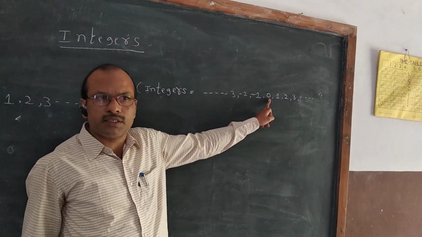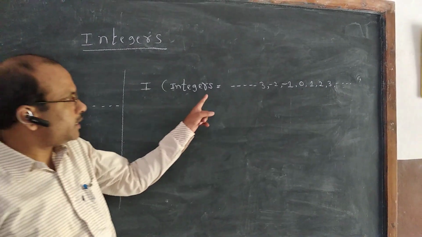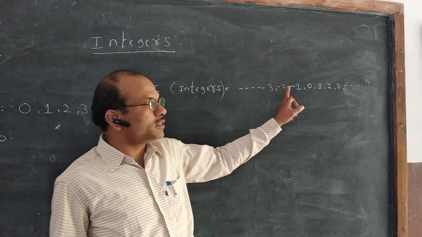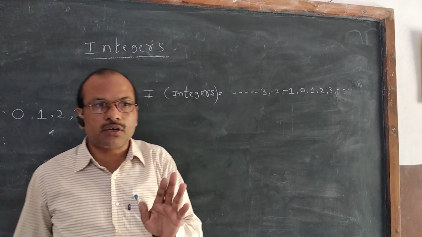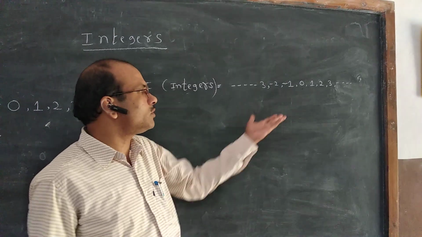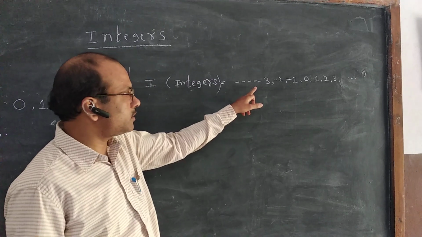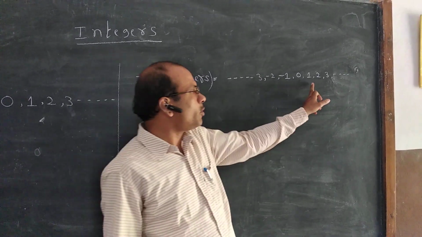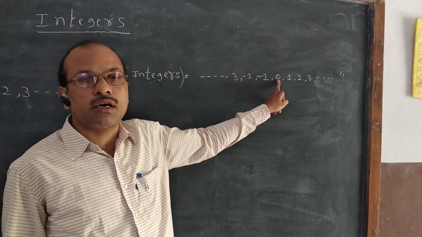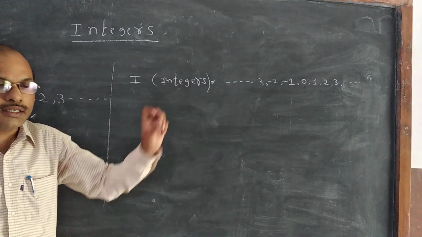It is simply an integer, a neutral integer. So finally, as for the definition, integers is a set which is the combination of positive integers and 0 together with negative integers. These are the negative numbers, positive numbers, and there is a digit 0 which is neither positive nor negative. So all the numbers together are called the set of integers.